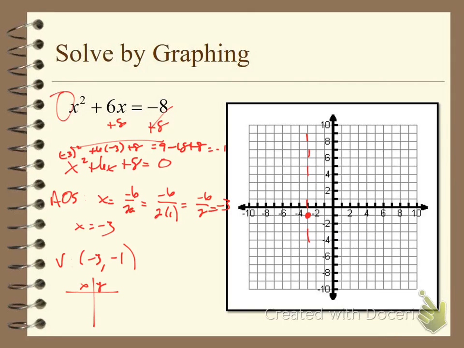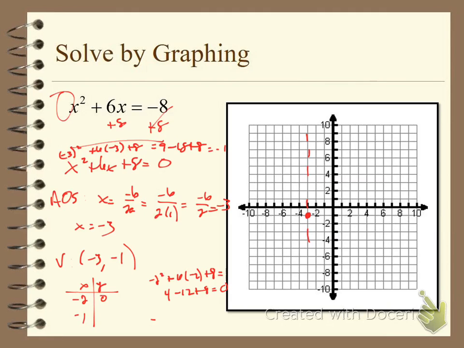All right, so we're going to plug in 2 more values of x, 2 more values of x that are going to be close to the vertex and as small as makes sense. So I'm going to plug in negative 2 and negative 1. If we do that, we get negative 2 squared plus 6 times negative 2 plus 8, which is 4 minus 12 plus 8, which is 0.